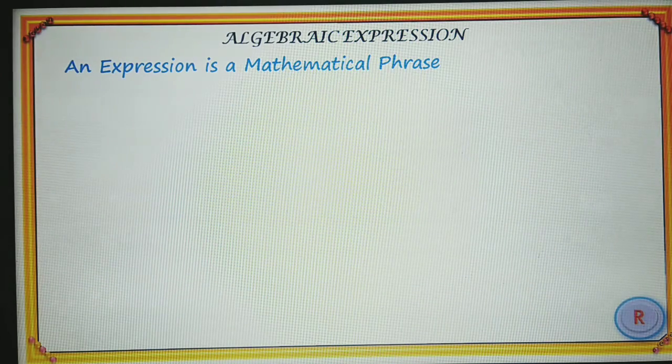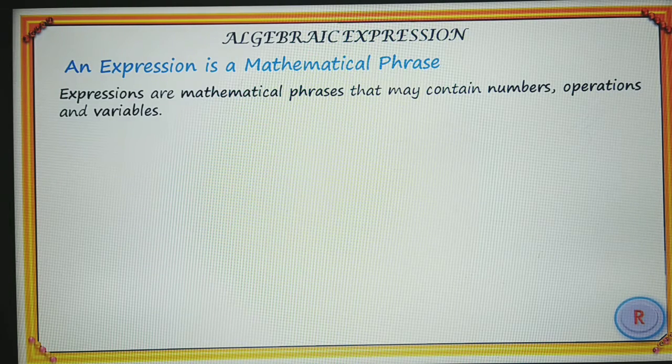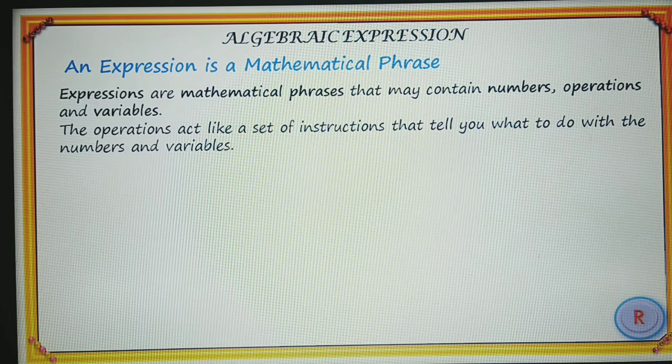An expression is a mathematical phrase. Expressions are mathematical phrases that may contain numbers, operations, and variables. The operations act like a set of instructions that tell you what to do with the numbers and variables.